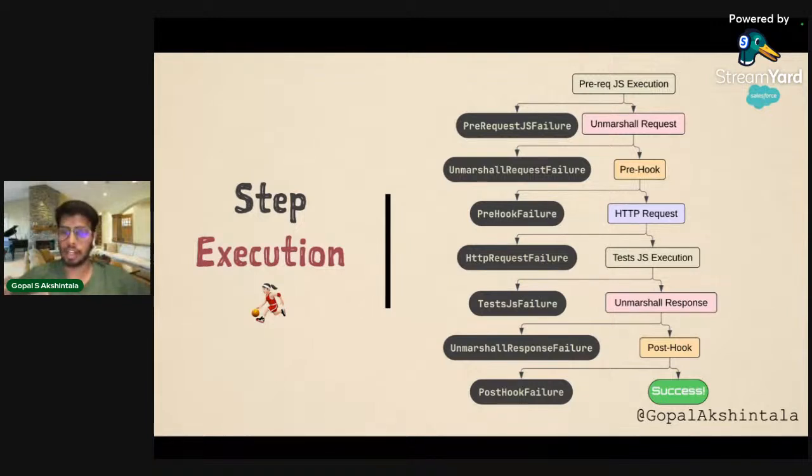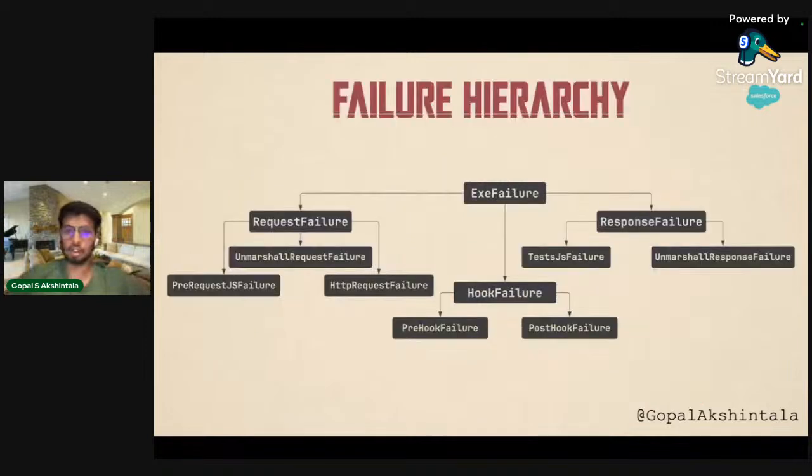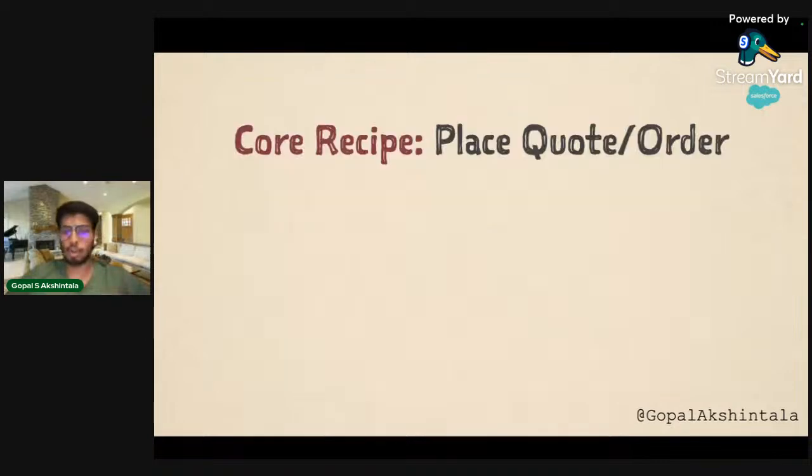And then the test JS gets executed and the response gets unmarshaled into the type that you have set up. And there's a post hook, and across all these there can be failures, and this is like a hierarchy of failures that can happen, and they all are reported precisely without any loss of information. So you as a developer know where it failed, what failed, and then just looking at the failure, you should be able to figure out what went wrong.